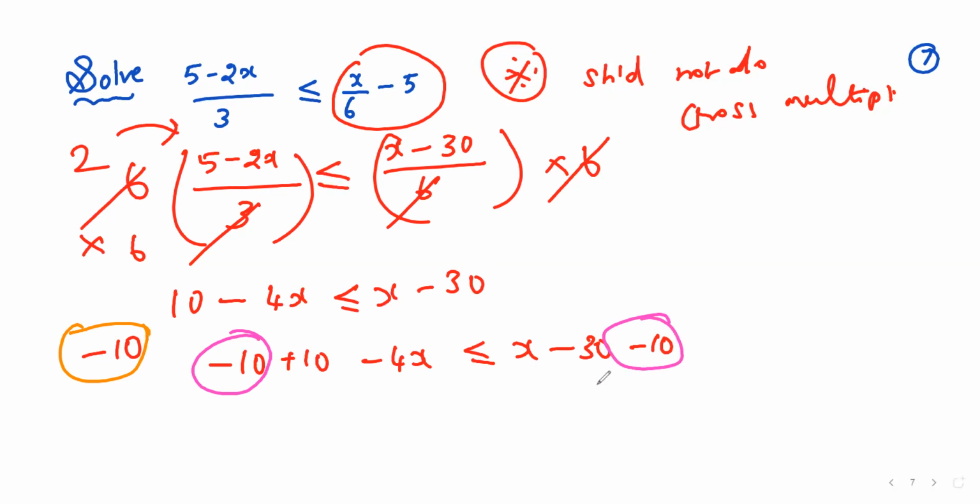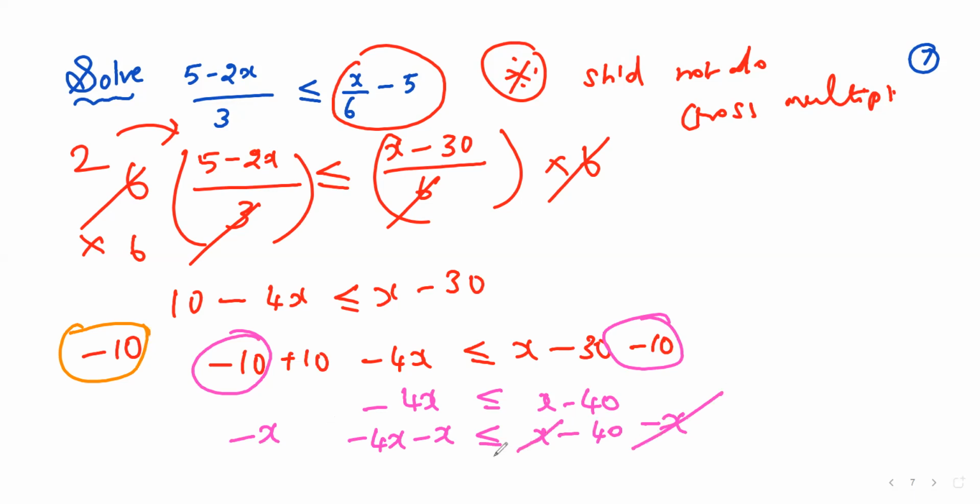This became x minus 40. This side just minus 4x, and both sides you are going to add x. Minus 4x minus x, and x minus 40 minus x.